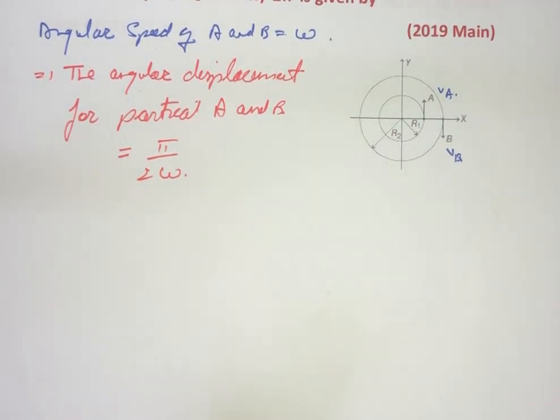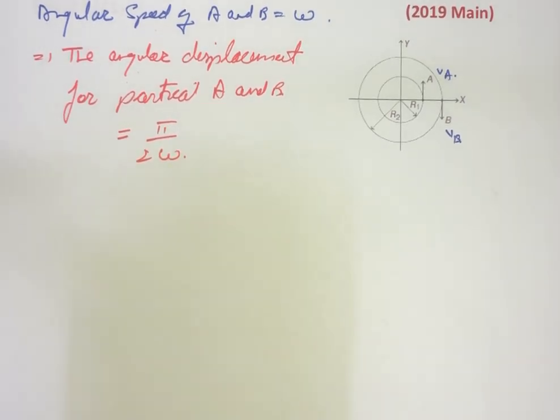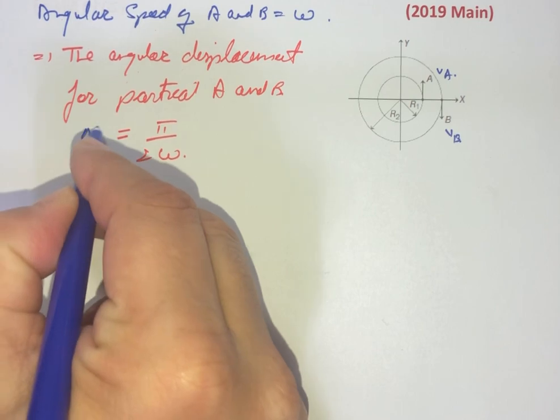Therefore, the angle through which they will be rotating within this time interval, let us call that as delta t.